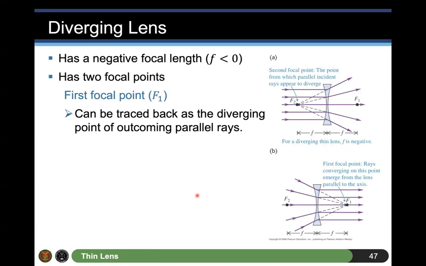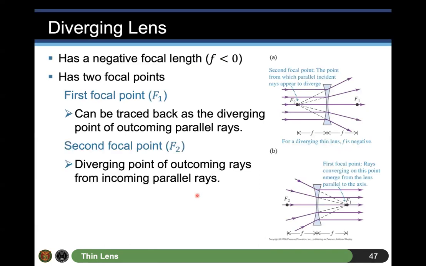For the case of the diverging lens, the focal length is negative. Again, it still has two focal points. The focal length is negative, and the image formed is on the same side as the incoming rays.